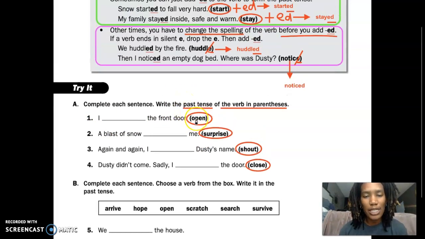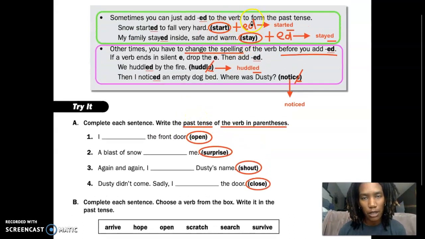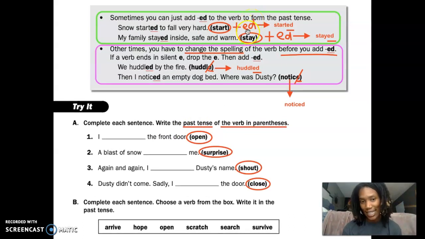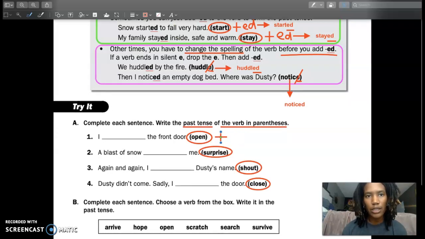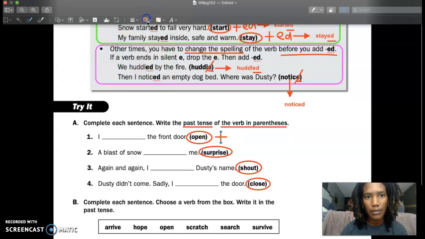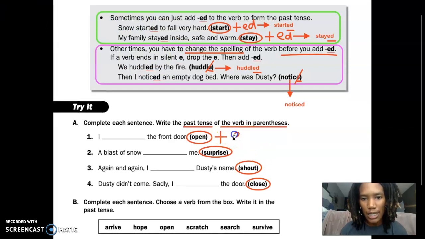Now, open is similar to these verbs up here, right? It does not end in a silent E. So all I have to do is add E, D, right?